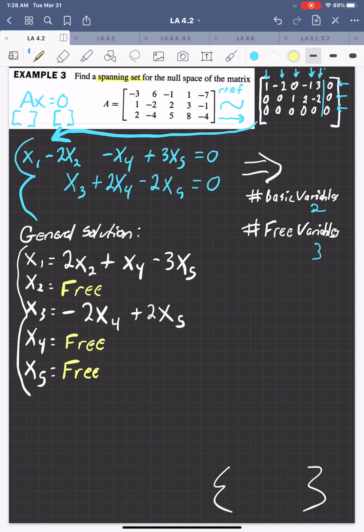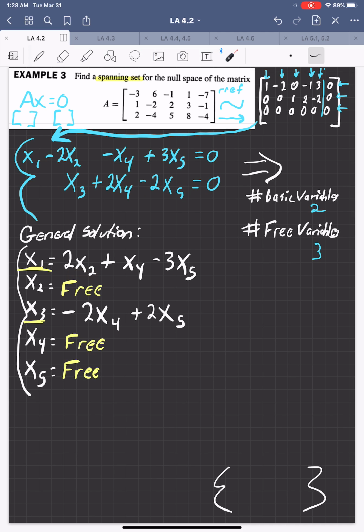As I've undoubtedly said many times before, notice how your basic variables are always defined in terms of your free variables. So if you and I play a game and I ask you what is x sub 1, the first thing you should tell me is, I can't tell you what x sub 1 is until you give me an x sub 2, an x sub 4, and an x sub 5, right?